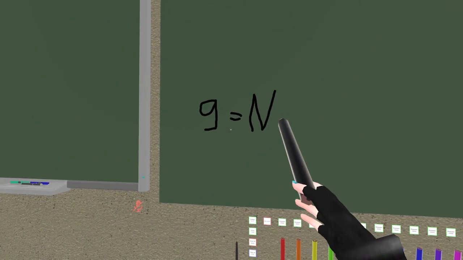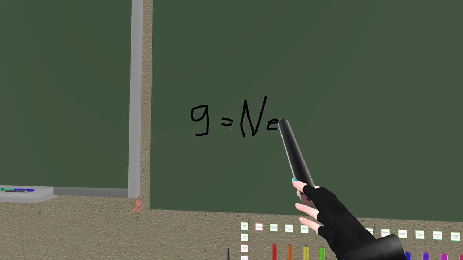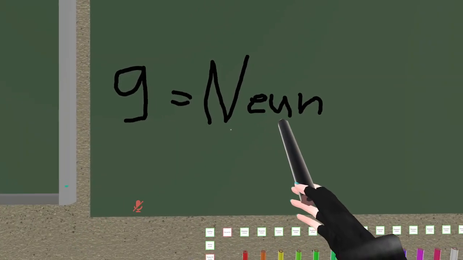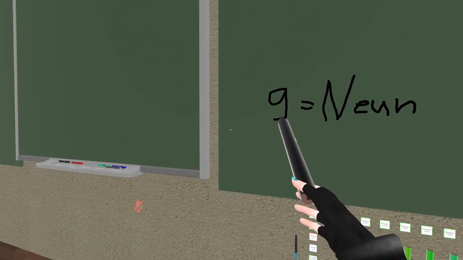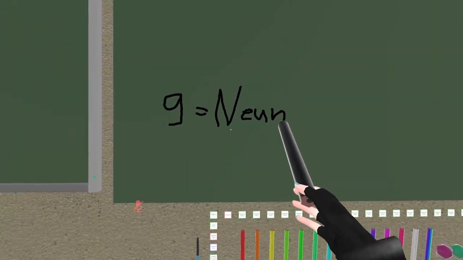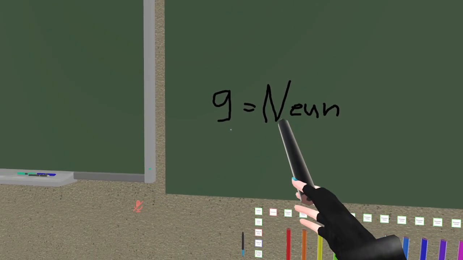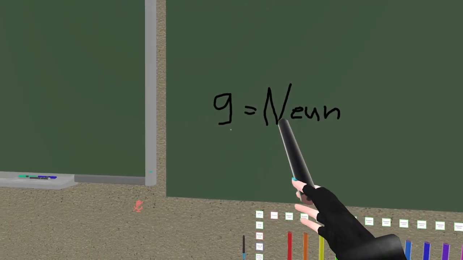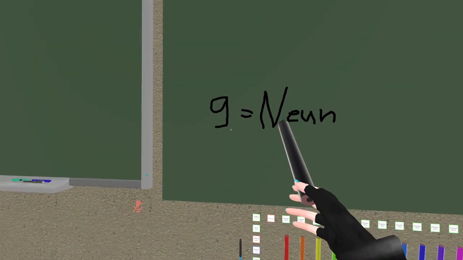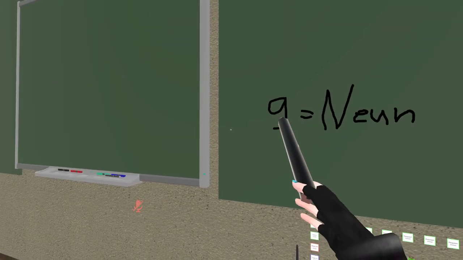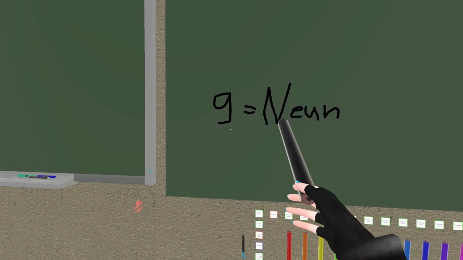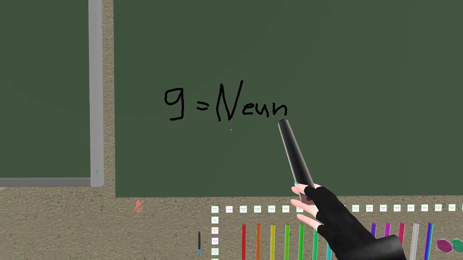That would be this. And that's how you write the number 9 in German. And that's exactly what you see there. Neun. But you see it written. Basically, you have the number standing on the left, and then on the right you have the number, but just as a word.